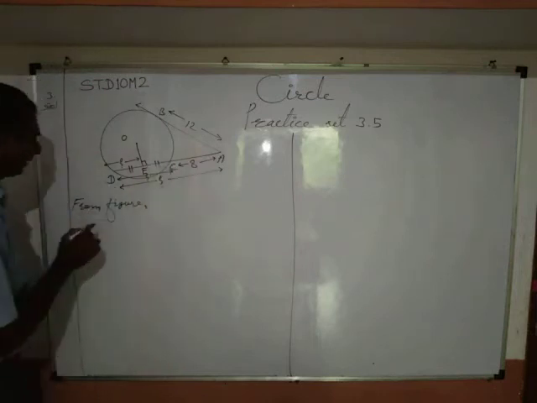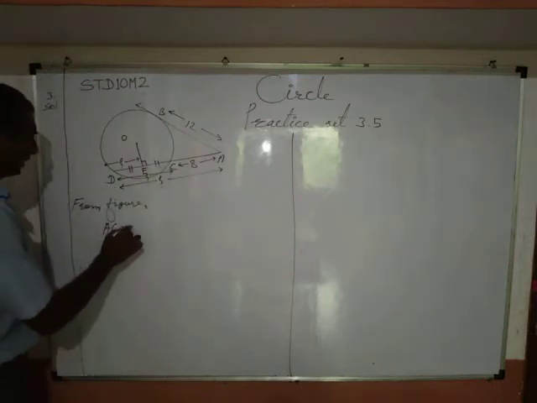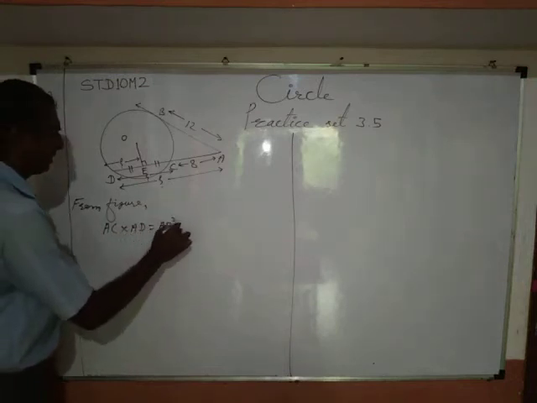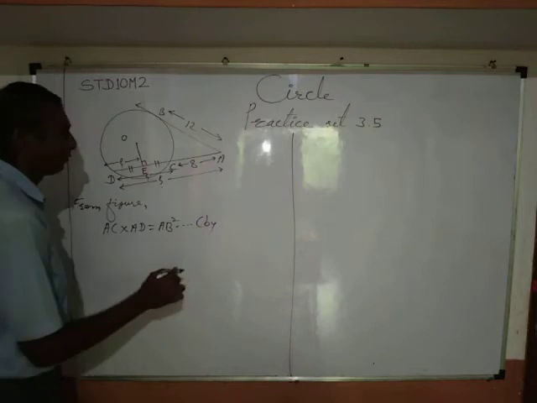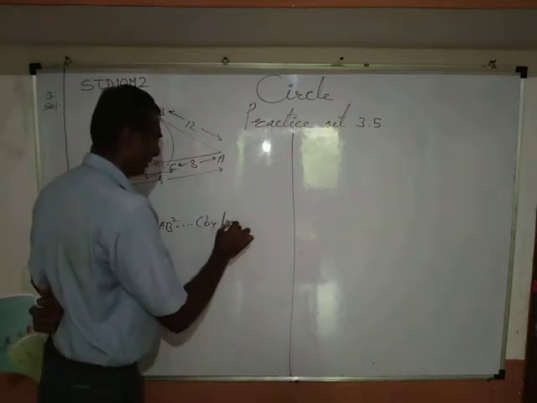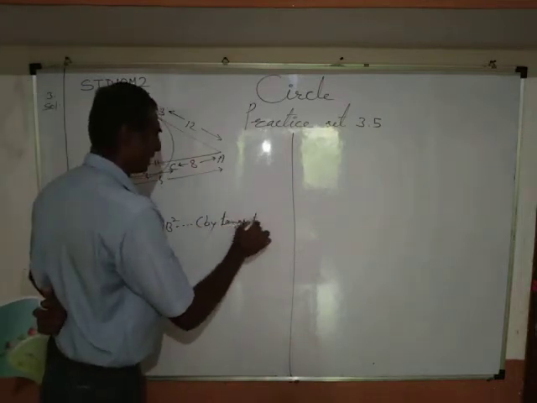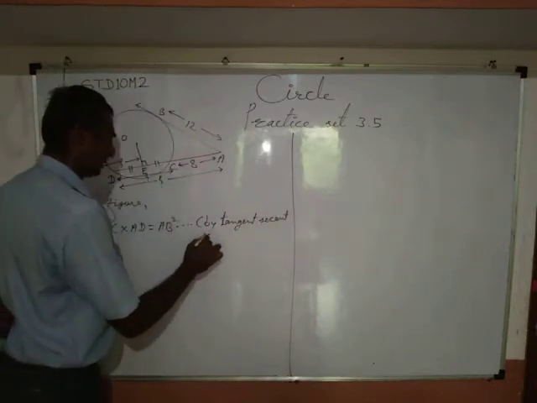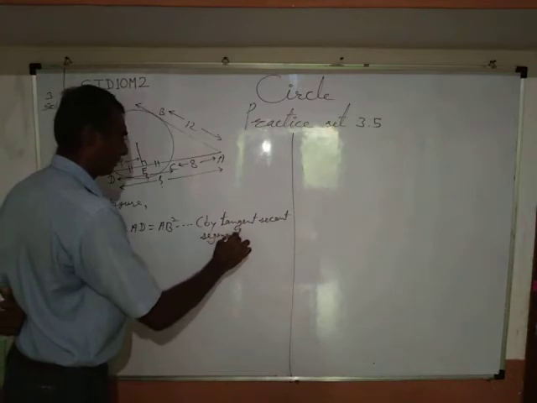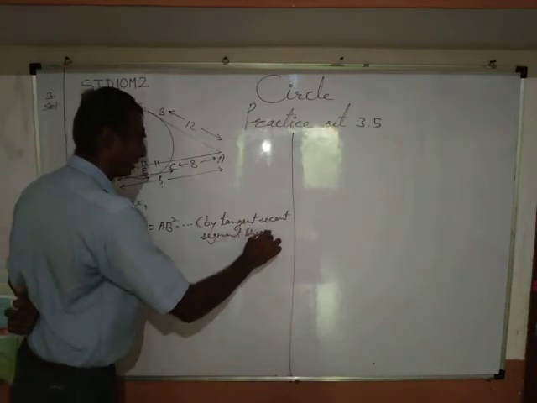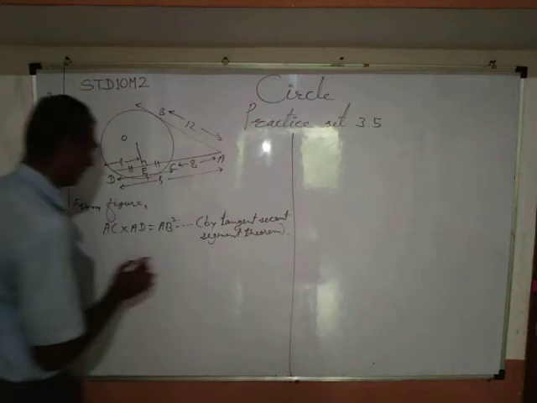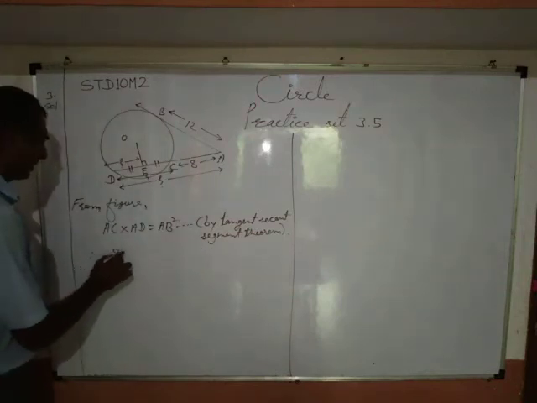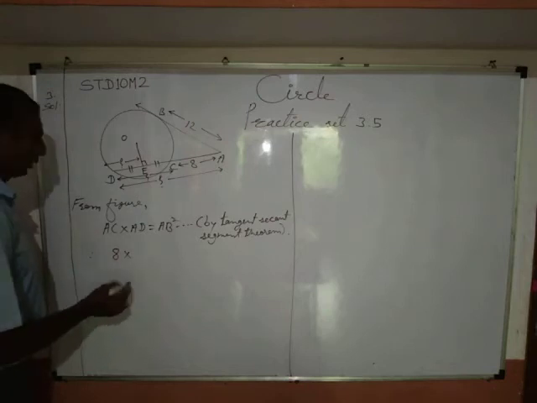AC into AD equals AB square by the tangent secant segment theorem. Okay, and therefore let's put known values. AC, which is 8, into AD, we don't know.